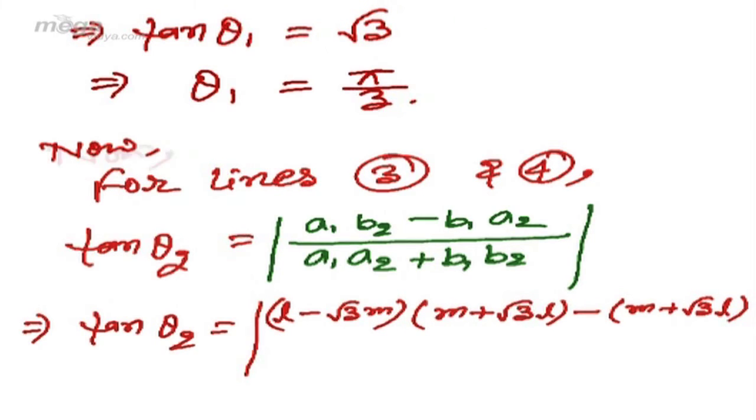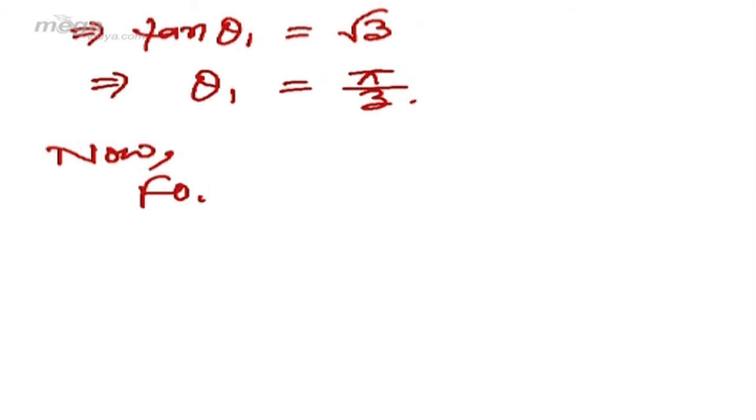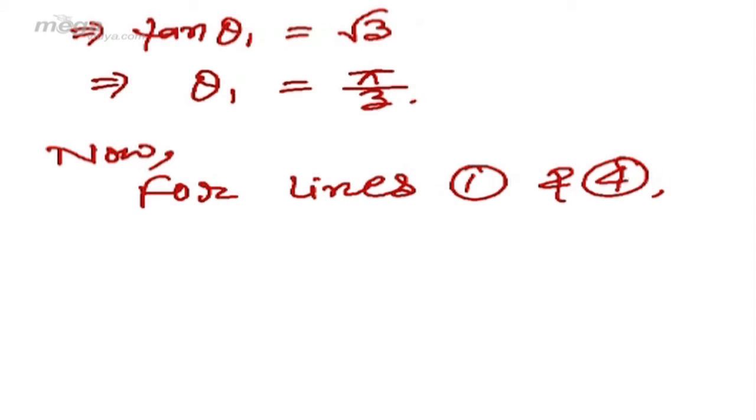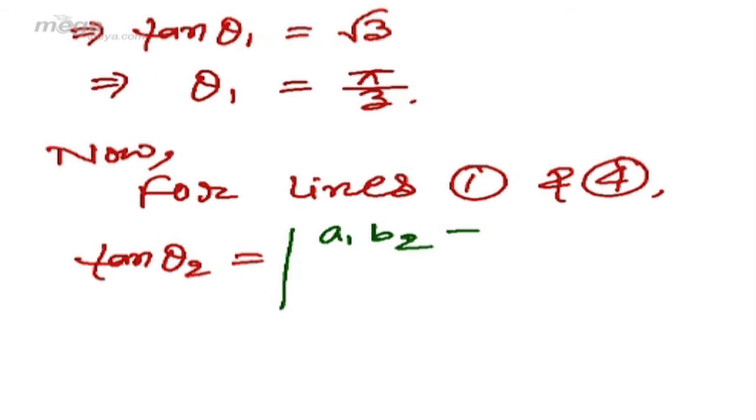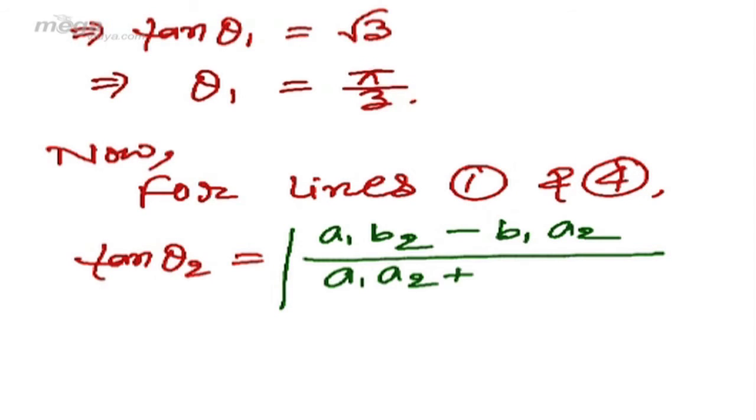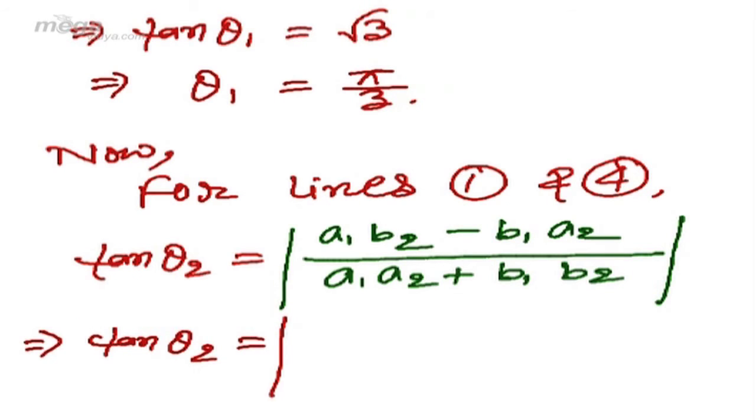Now I am taking the line 1 and 4. Again we'll use the same formula. Tan theta 2 is equal to A1 B2 minus B1 A2 upon A1 A2 plus B1 B2. So tan theta 2 is equal to, here A1 is L into B2.